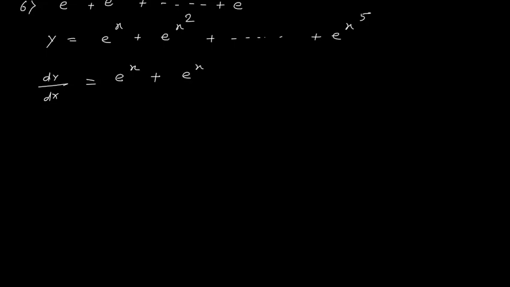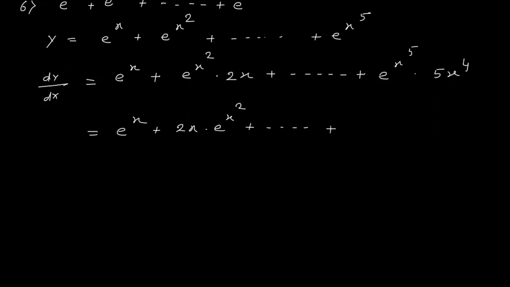You first write e power x square, then you differentiate this x square, which will give you 2x, plus in the same manner the derivative of this e power x power 5. First we will write e power x power 5 and then 5 into x power 4. Okay. So this is e power x plus we have 2x into e power x square plus we have 5x power 4 into e power x power 5.